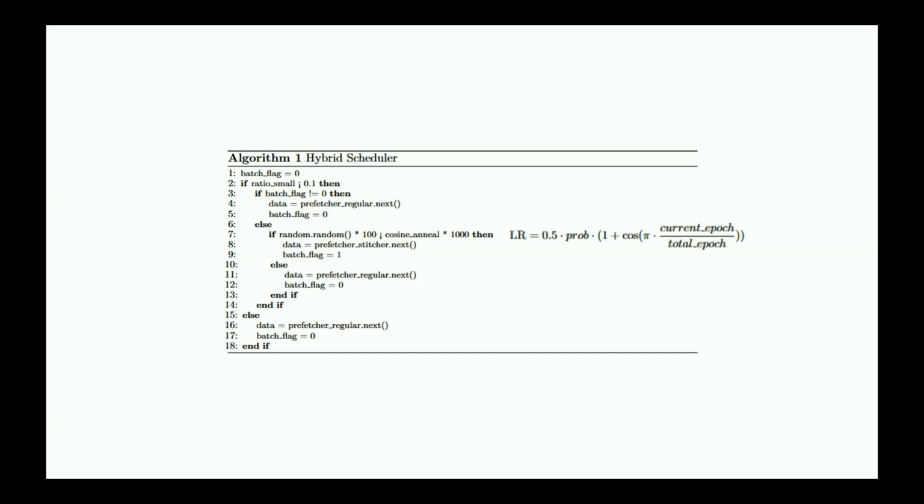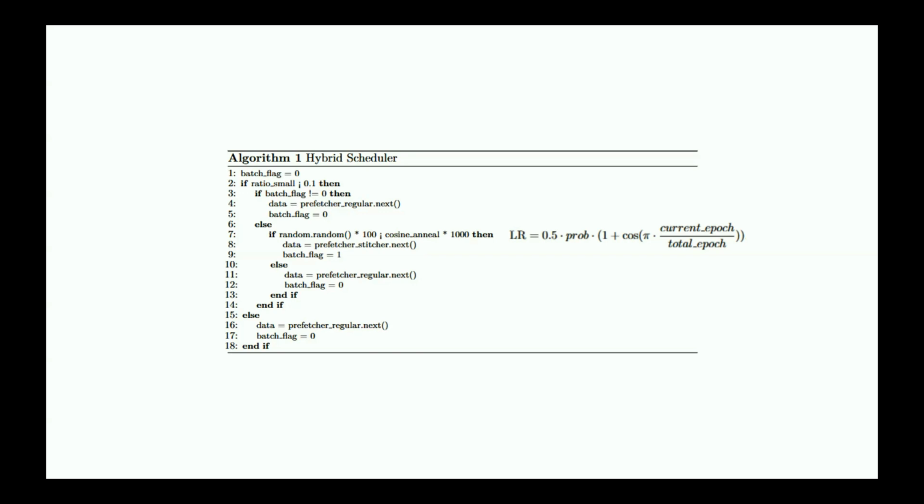The output of the cosine annealing learning rate function is controlled by the epoch number. At the beginning of training, the output is nearly 1. And at the end of the training, the output is nearly 0. So even if the small object loss ratio is less than 0.1, we still have to pass the cosine annealing learning rate controller.